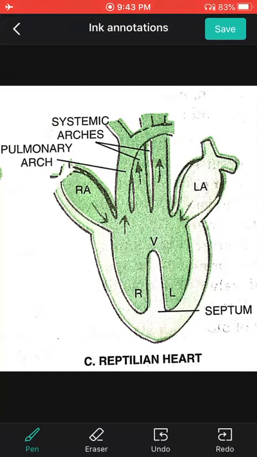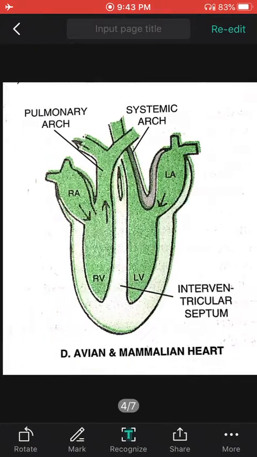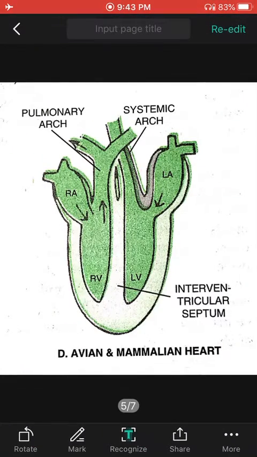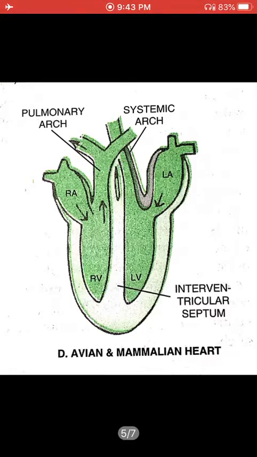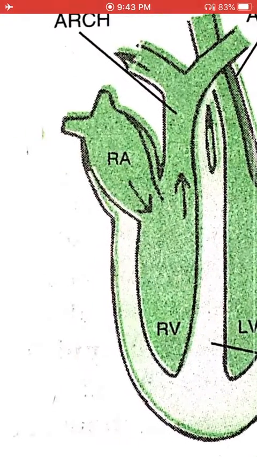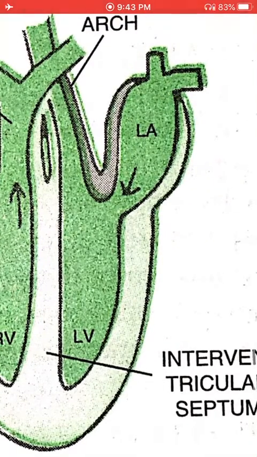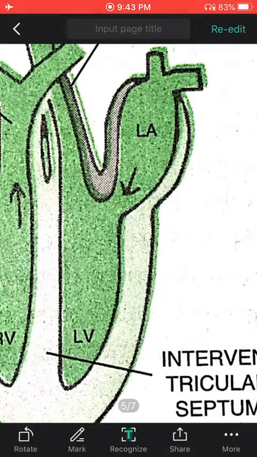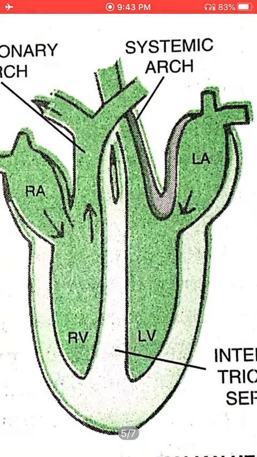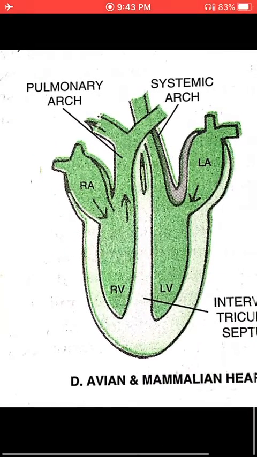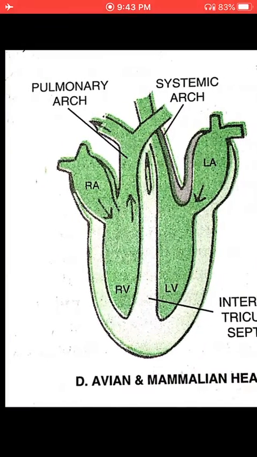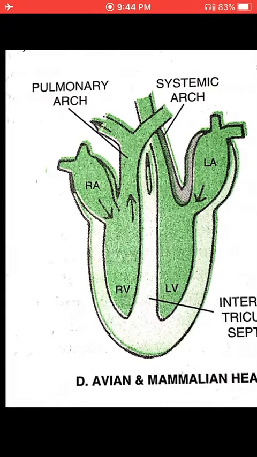Now moving to the next, the avian or mammalian heart. You can see this mammalian heart has four chambers, totally separated: right auricle, right ventricle, left auricle, left ventricle. By this we can understand how species evolved together with their organs.